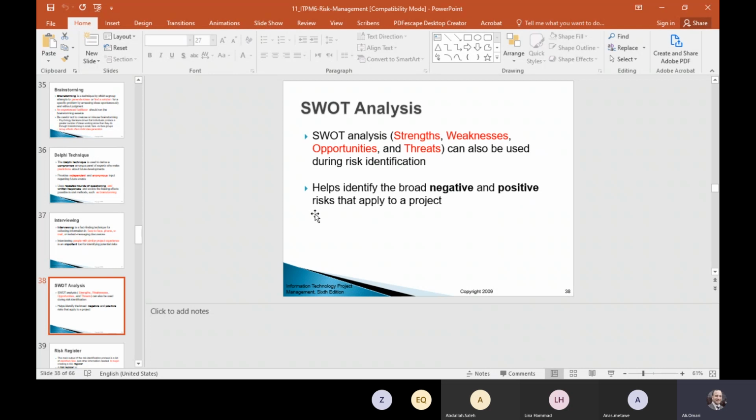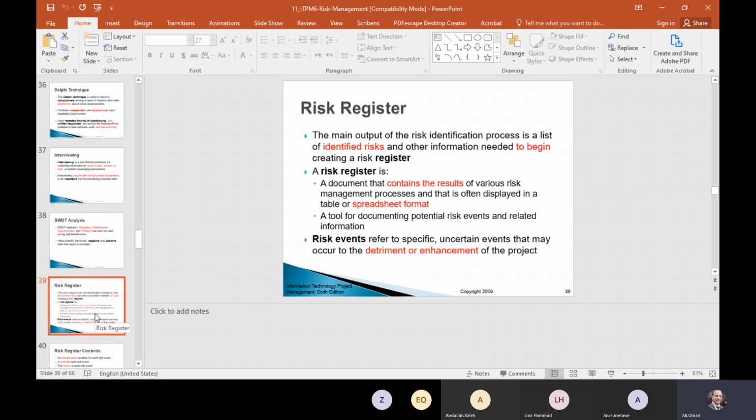You can use SWOT analysis to identify risks, and this method helps in identifying different risks, regardless of whether negative or positive. You apply this technique to identify any risk, regardless of negative or positive.